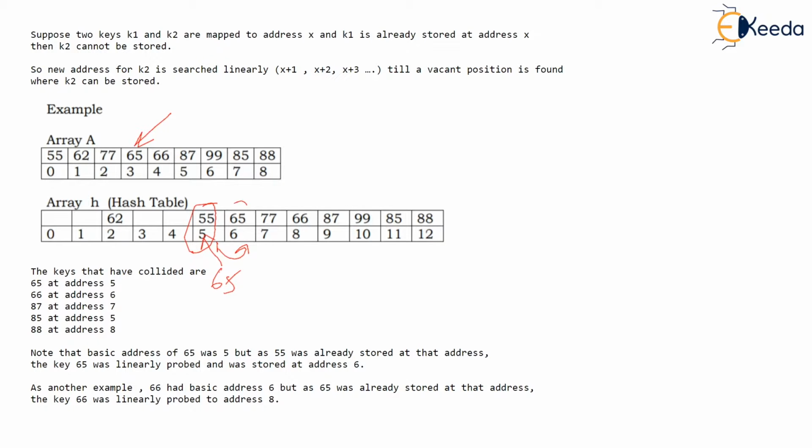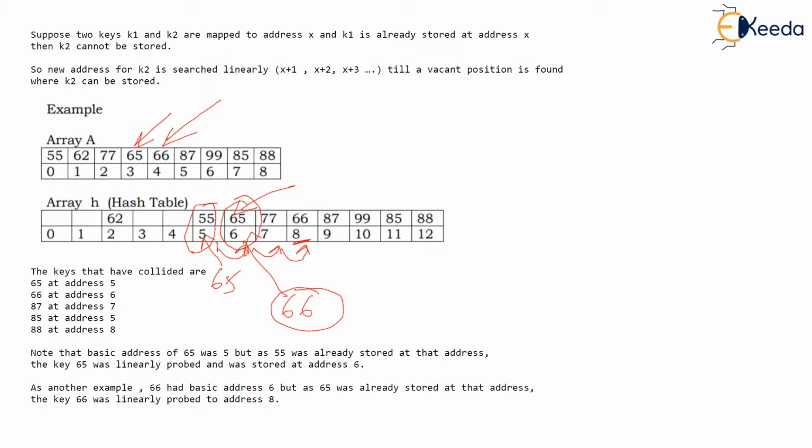And what happened very soon is there was another key 66. Now 66 actually should have got mapped to address 6 because 66 % 10 is 6. But 66 could not map to address 6 because it collided at address 6. Note that 65 is already occupying the place of 66. So 66 was thrown out of its house and it was stored at address 8.